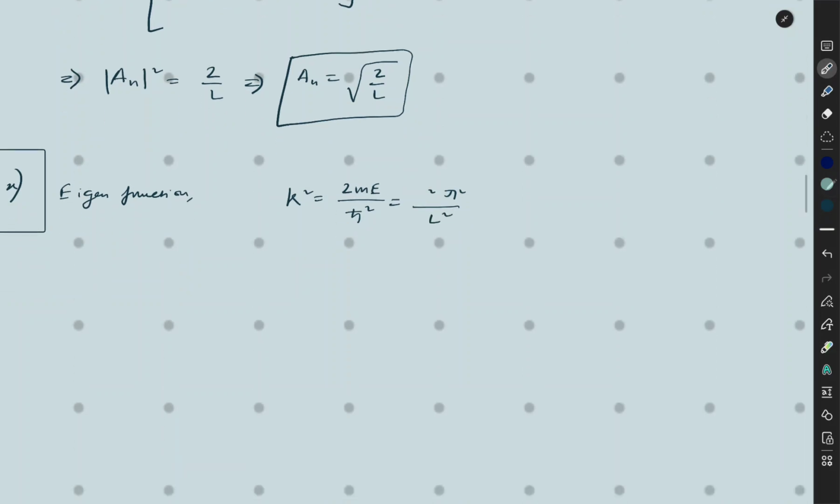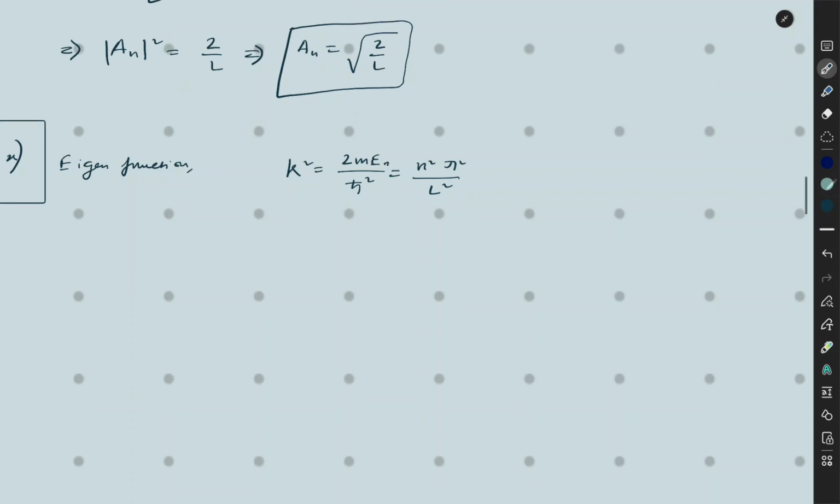We are writing it for every n, so let us consider E sub n. That is, for n we are getting an eigen value. That is E n equal to n square pi square h cut square by 2m L square.